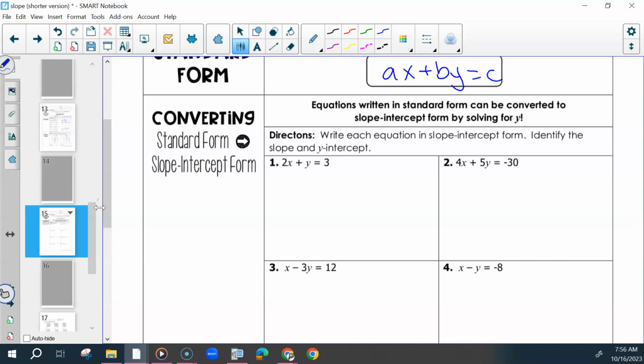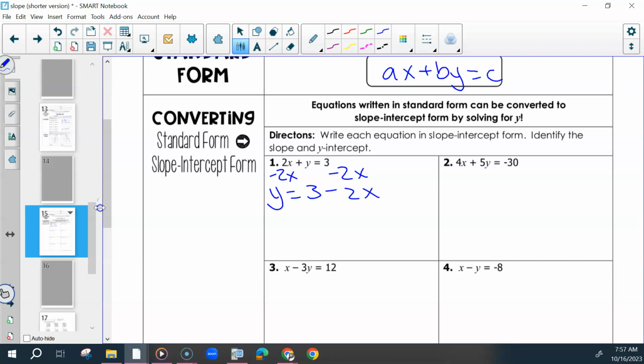And number one, what would be our first step? Subtract the 2x. Get rid of that term completely. We don't need it. Now, I'm going to do this and then change it, but moving forward, we should just change it. So right now, we have 3 minus 2x. But we want it in the form y equals mx plus b.